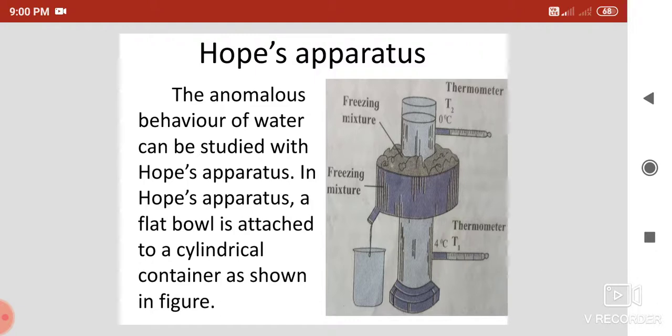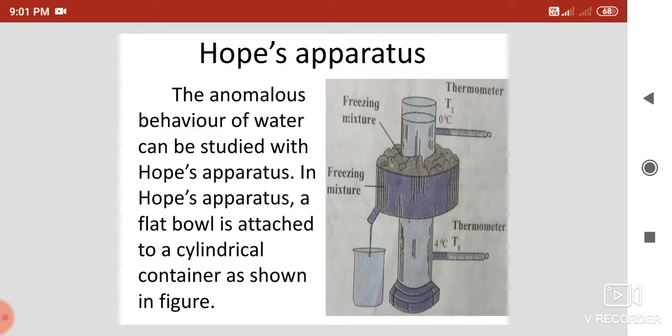As water cools, its density becomes maximum at 4 degrees Celsius, and afterwards the density goes on decreasing. So first the temperature of the lower thermometer decreases fast, and then the temperature of the upper part decreases. This shows the anomalous behavior of water.